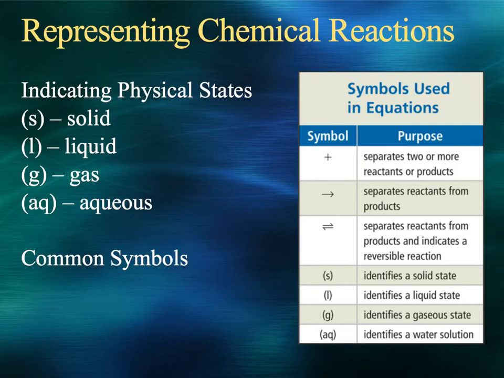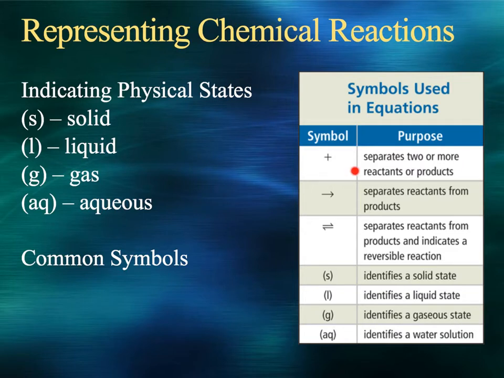Don't forget, we have to indicate which state of matter things are in. We've seen this before, but just drawing your attention back to it. So S was solid, L was liquid, G is gas, AQ means aqueous, which was dissolved in water. Over here on the right-hand side, some more common symbols that are used in reactions.